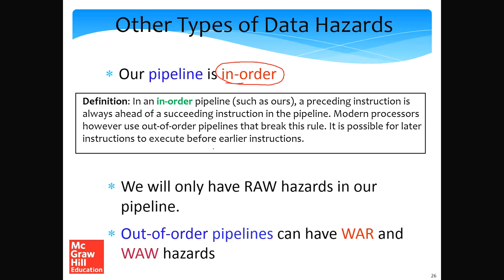Modern processors, however, do not use in-order pipelines. They use out-of-order pipelines that break this rule, so it is possible for later instructions to execute before earlier instructions. This causes many kinds of complexities, and discussing out-of-order pipelines is clearly not within the scope of this course, but it will be part of an advanced course.